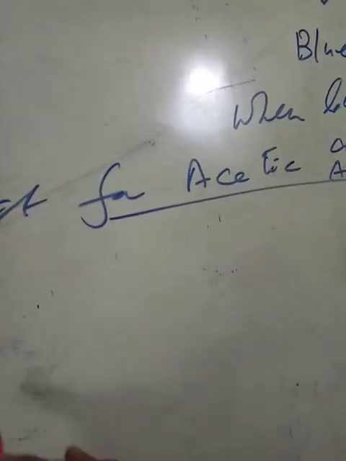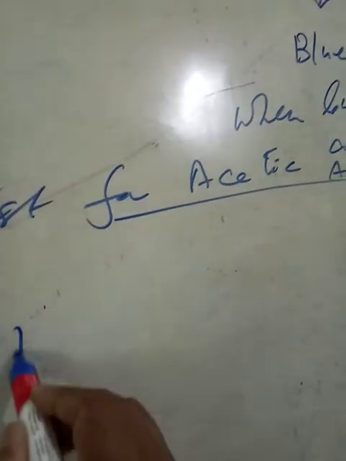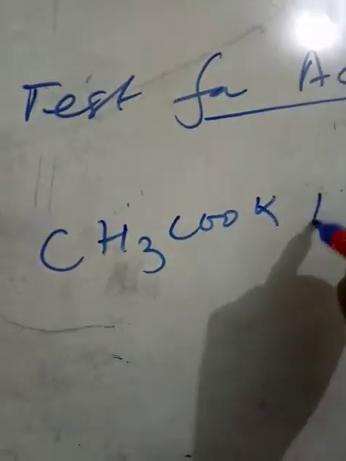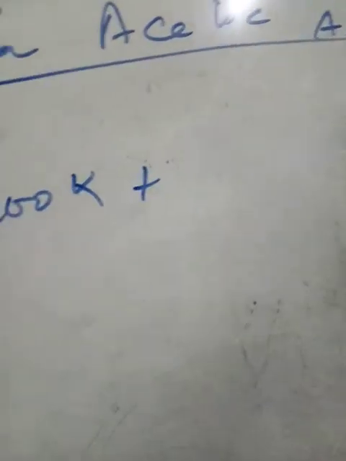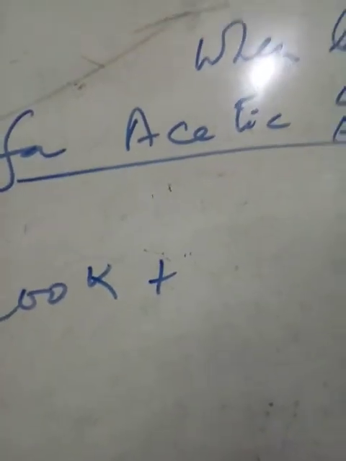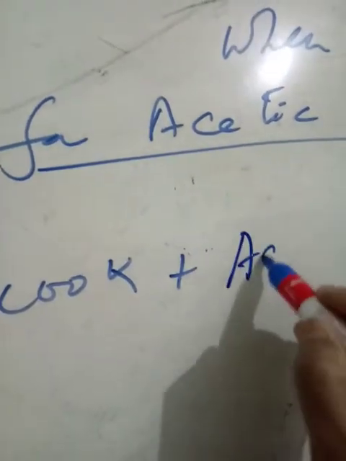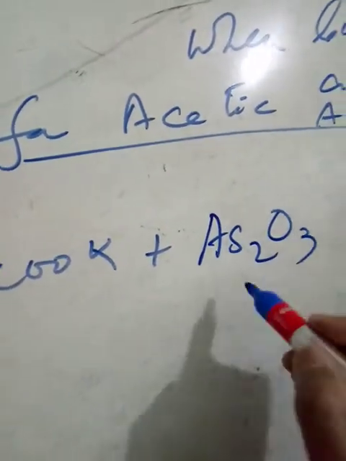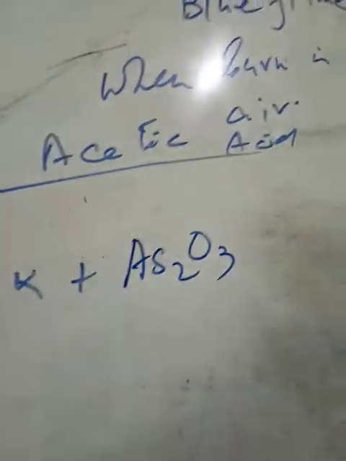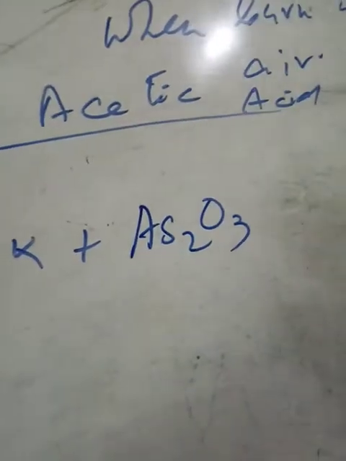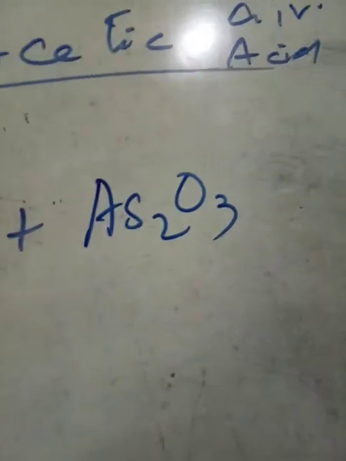Here, the potassium salt of acetic acid is heated with arsenous oxide, As2O3. Arsenic has valency 3 and 5. This is valency 3, so it is arsenous oxide.